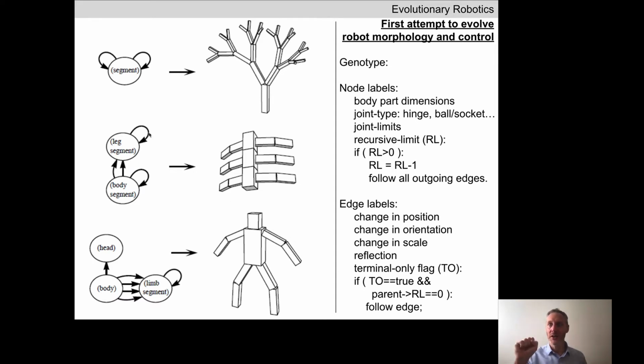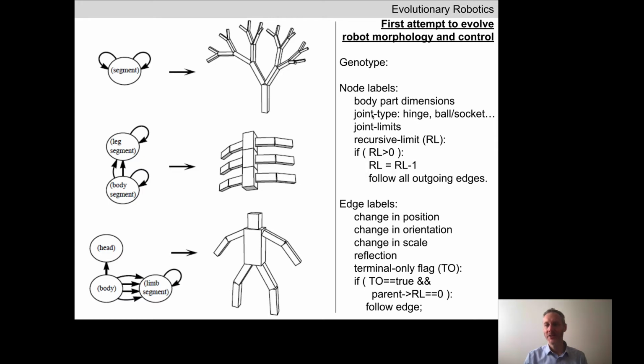So as we're constructing this random graph, we visit each node in turn, and for each of these node labels, we assign a random number. Three of the parameters describe the length, width, and height of the block that's encoded by that node. So you'll notice that each node is incorporating information about a given body part.